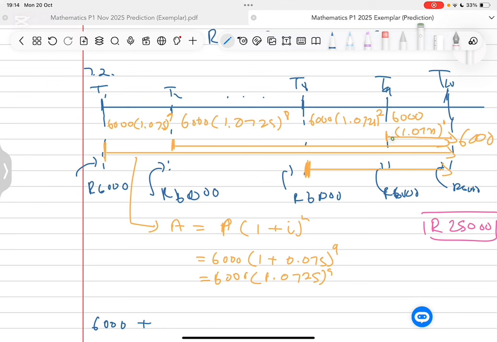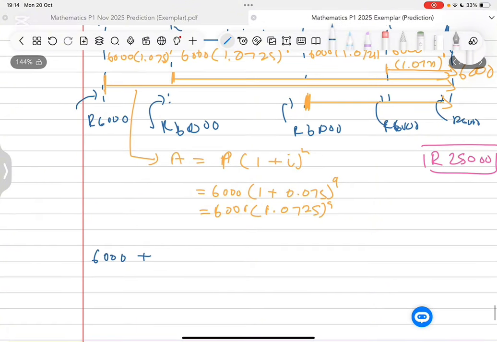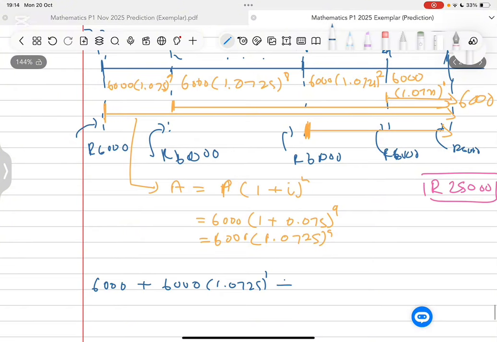So I'm going to add the 6,000. After adding that, I'm going to add this one here. So I'm going to have 6,000 × 1.0725 to the power 1 there. Then we're going to continue to add the 6,000 × 1.0725, and then we have a 2 here. Remember, it's this amount here.